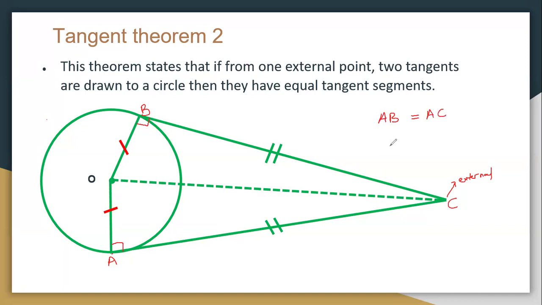That is something you need to take note of. Similarly, the distance from the center to B, what we are calling OB, is the same distance from O to A, because all those are radii. So from O to B is a radius, and from O to A is also a radius. So those two are going to be equal.